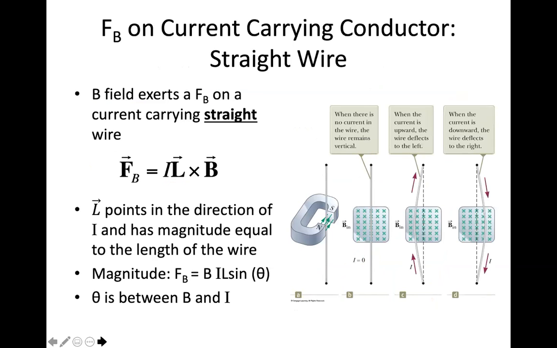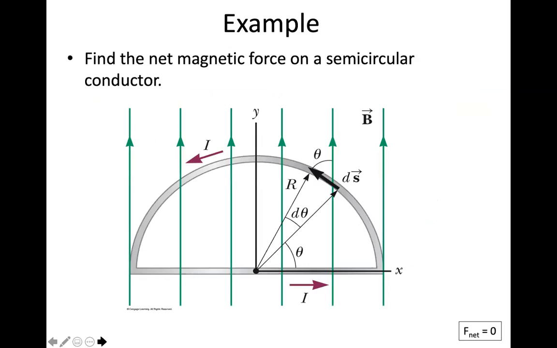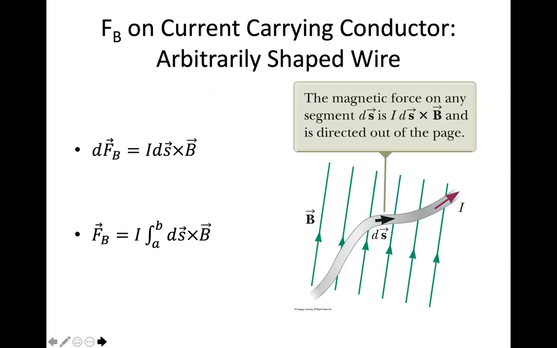But if I have chunks that are changing, now instead of looking at the total length, I'm going to look at little itty bitty pieces of it. So this DS, think of it as a DL, little tiny pieces of length. And at every little infinitesimal length, what is its orientation with the B field? So if I want to find the total, then I'm going to integrate.